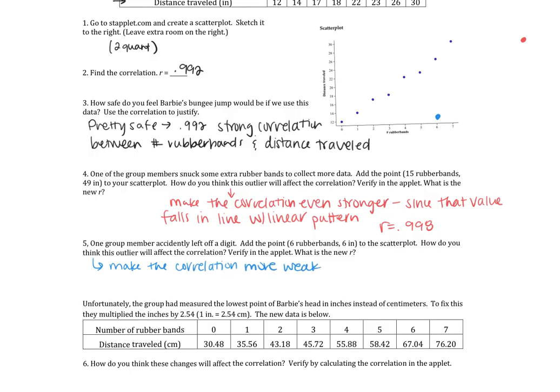And why is that? That's because correlation is a measure between two variables of the extent to which they have a linear relationship. So if a point falls outside of that linear pattern, that brings down the correlation. Okay?